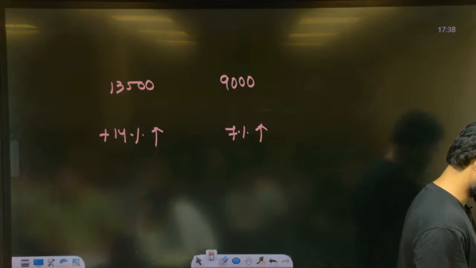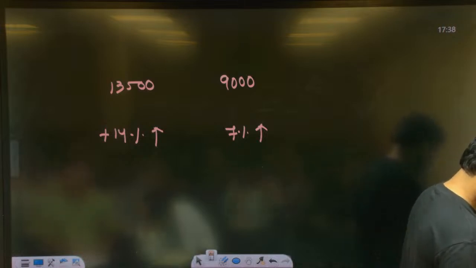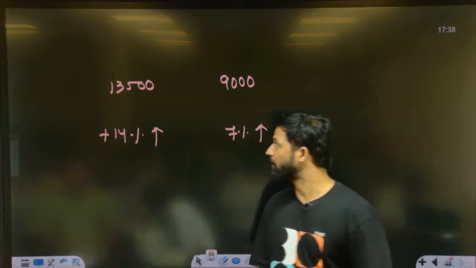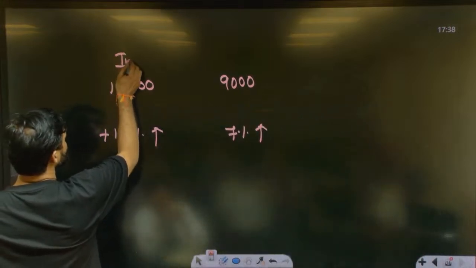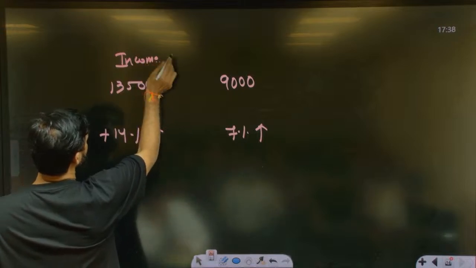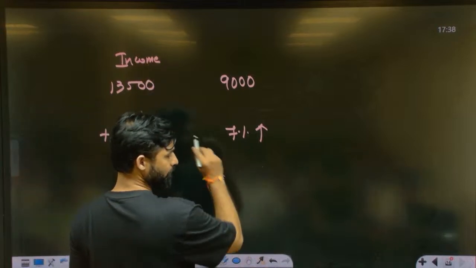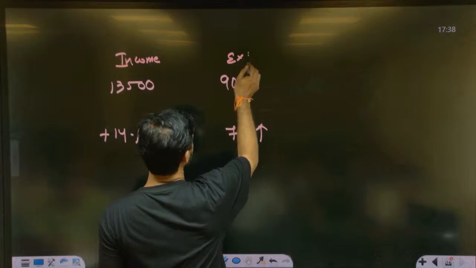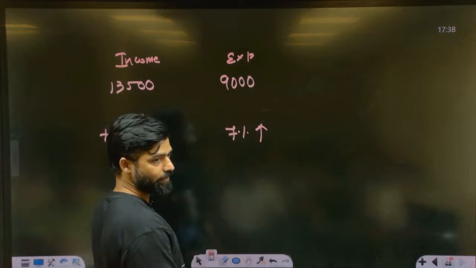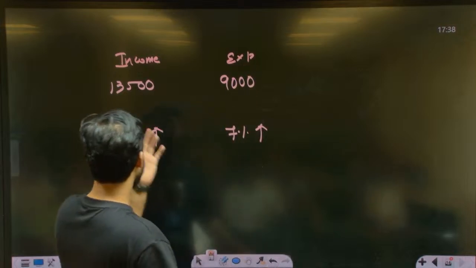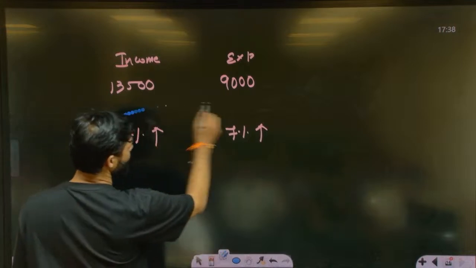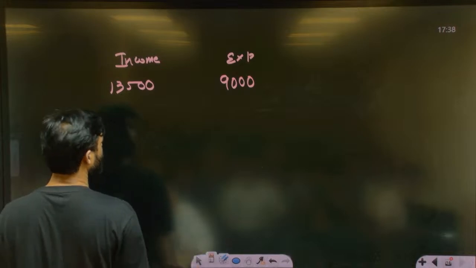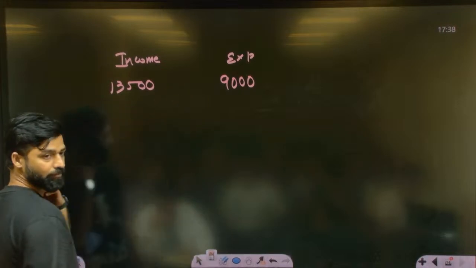Okay, let's do the question. This is 13,500, the income, and this is the expenditure. These are real values, but we can take the ratio also because both numbers are divisible by 100.